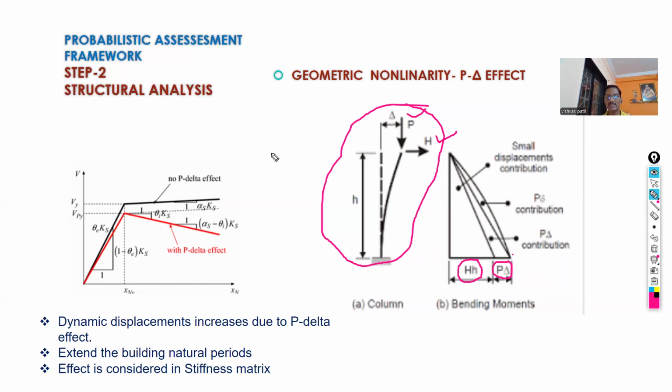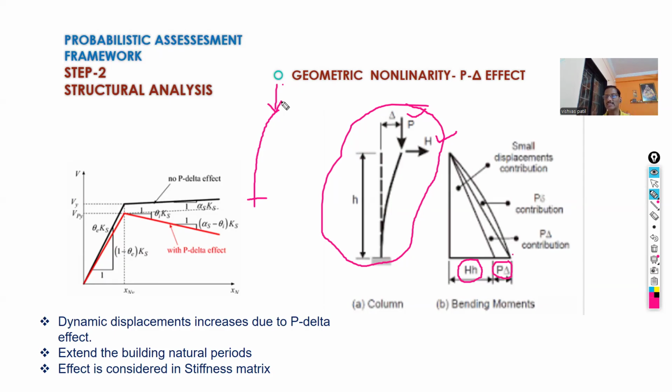We can see it this way also. During an earthquake the column will sway and buckle like this, and in that state it is subjected to gravity load. What will happen to the response of the column? The column will still bear the load, but it will show softening behavior, which means a reduction of stiffness.